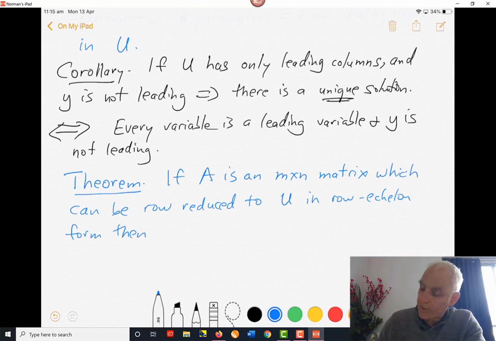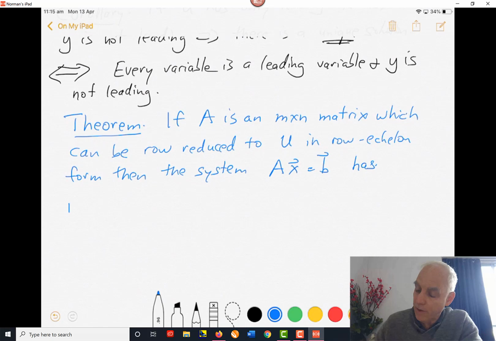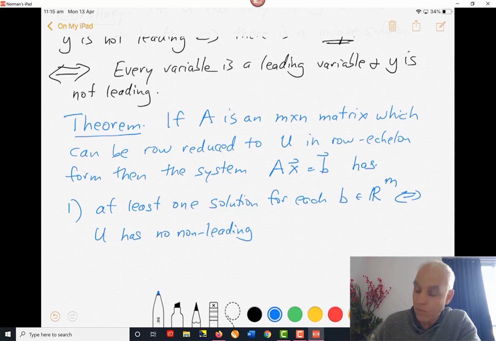Then the system AX equals B has, okay, there's a number of possibilities. First of all, at least one solution for each B in Rm, precisely when U has no non-leading rows.